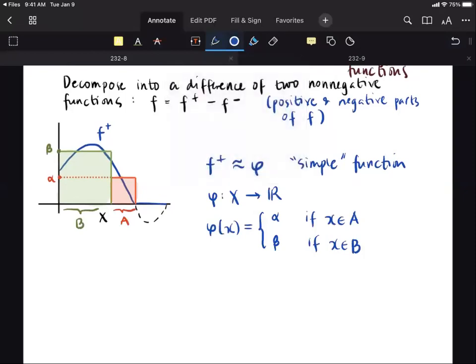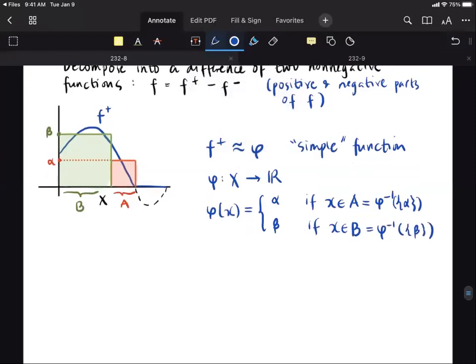Of course, you can write A to be the same as phi inverse of alpha. So this is the inverse image of the singleton containing alpha, and similarly B would be the inverse image of the singleton beta.